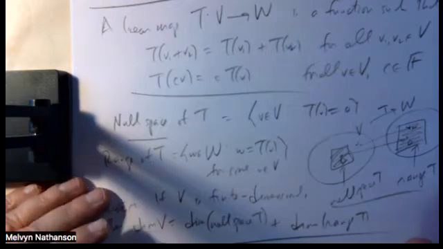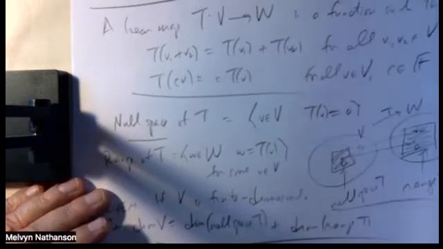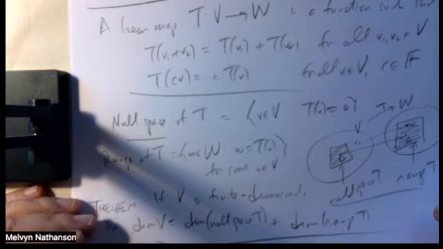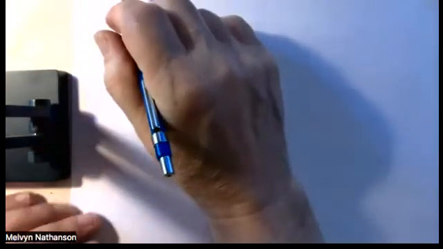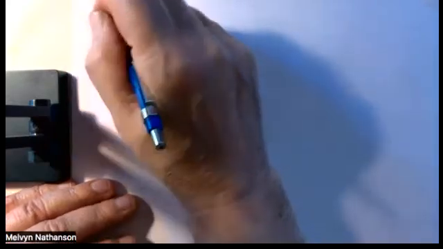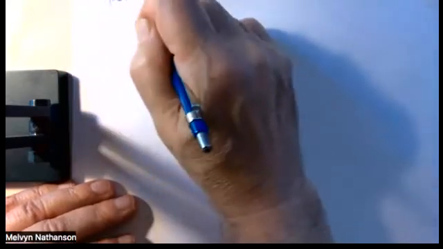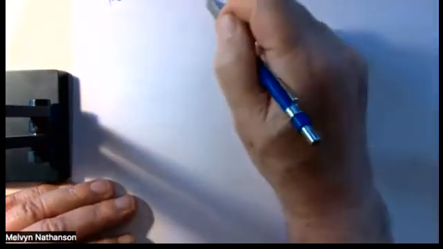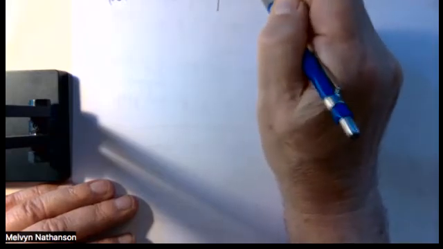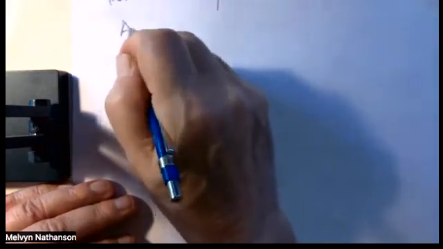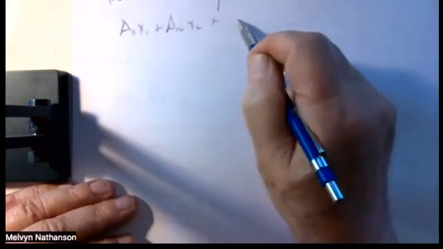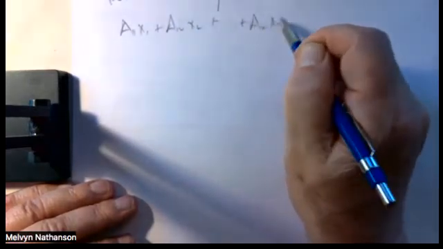And one consequence of this is a very important result about systems of linear equations. So remember in high school algebra, you often solve 2 equations in 2 unknowns, or 3 equations in 3 unknowns. But in general, you have a system of linear equations, A11 x1 plus A12 x2 up to A1n xn.